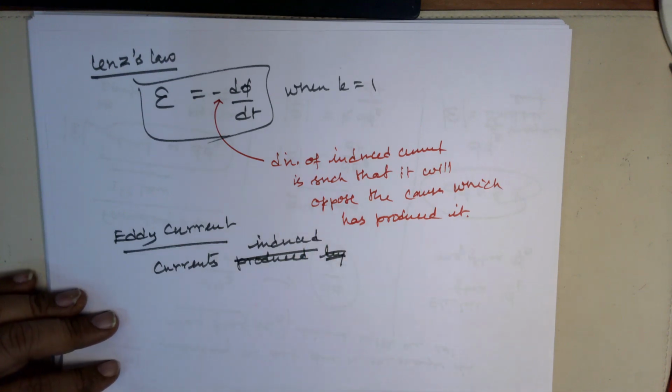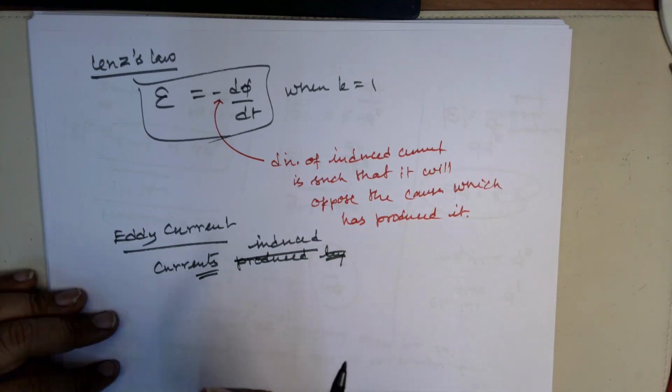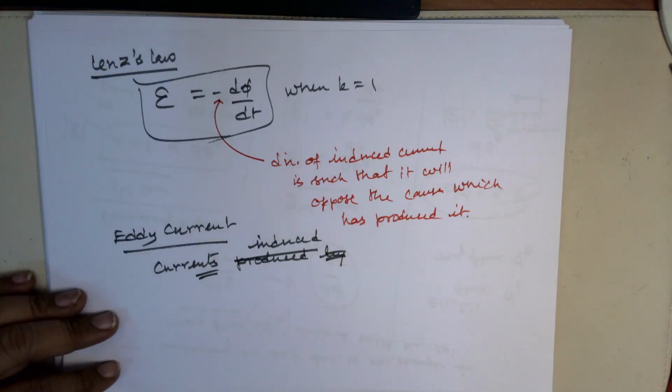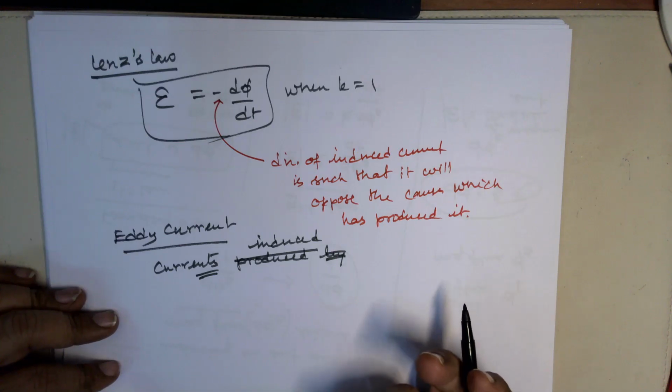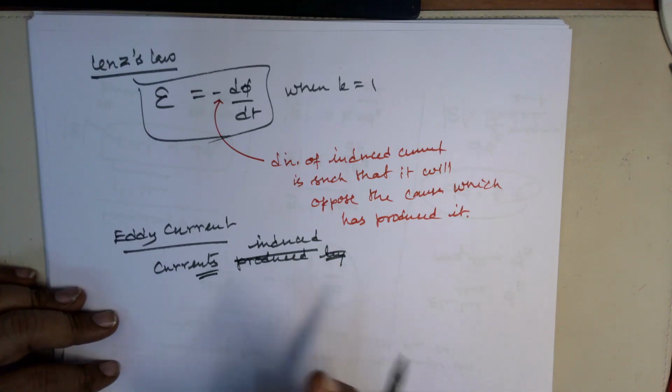Currents induced. Why have I given it in plural, so many currents? Eddy means swirling, like water swirling. For example, take a washing machine where you can have the swirling action.